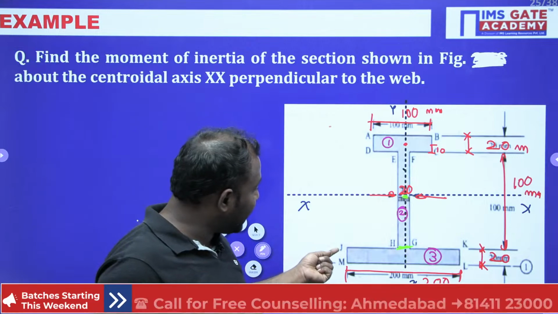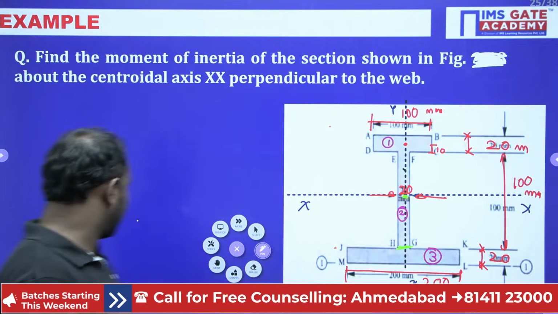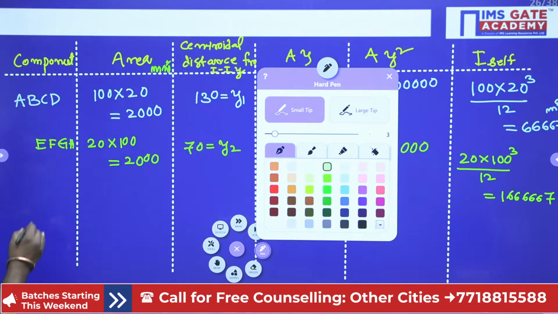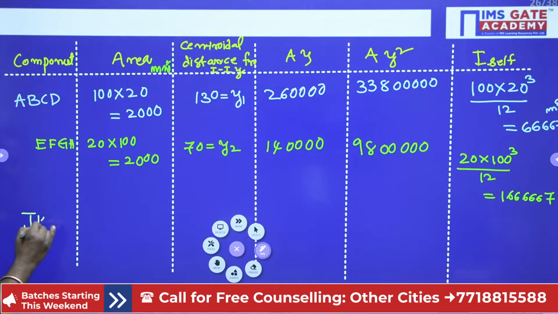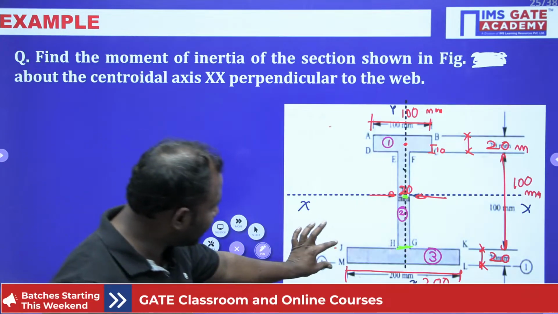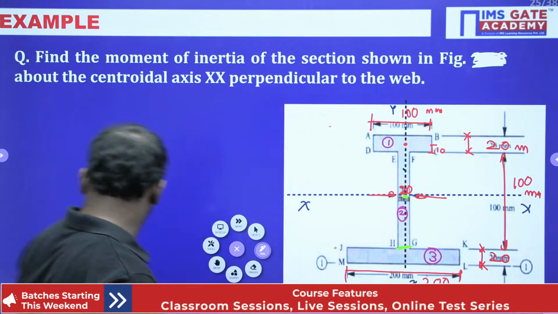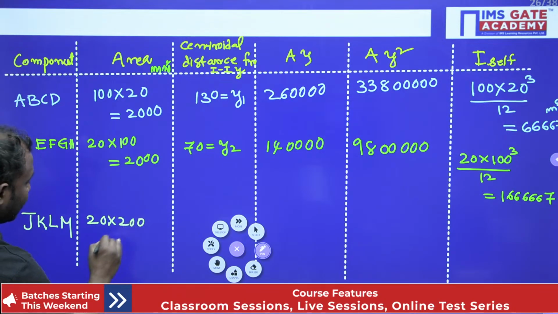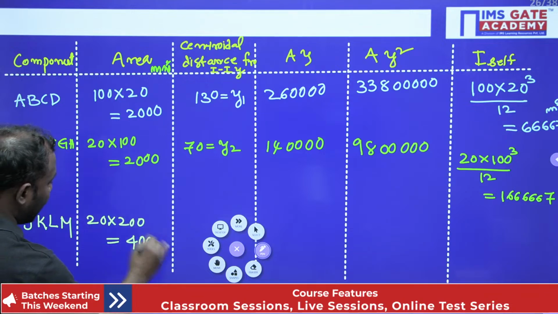Now, similarly, the JKLM part. So, now see its area. It is 20 and it is 200. Here it is 20 into 200, that is going to be 4000 mm square. Right?